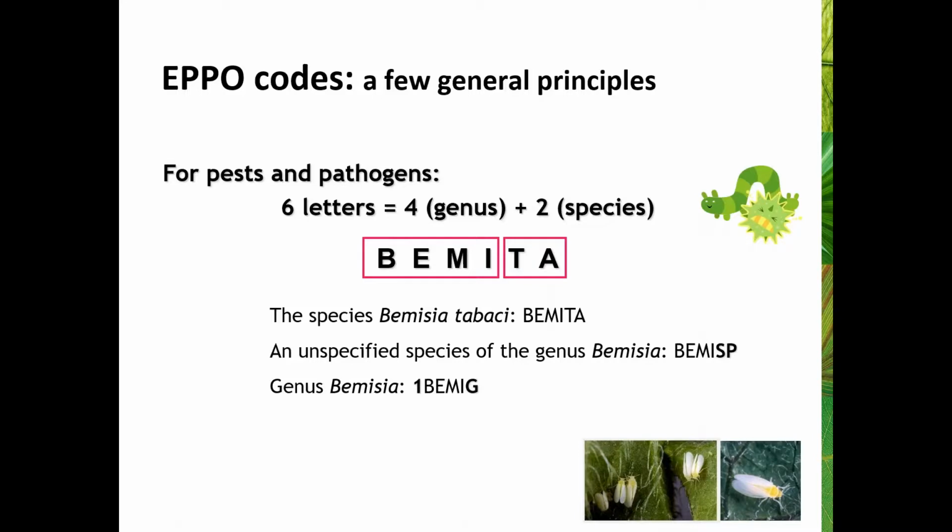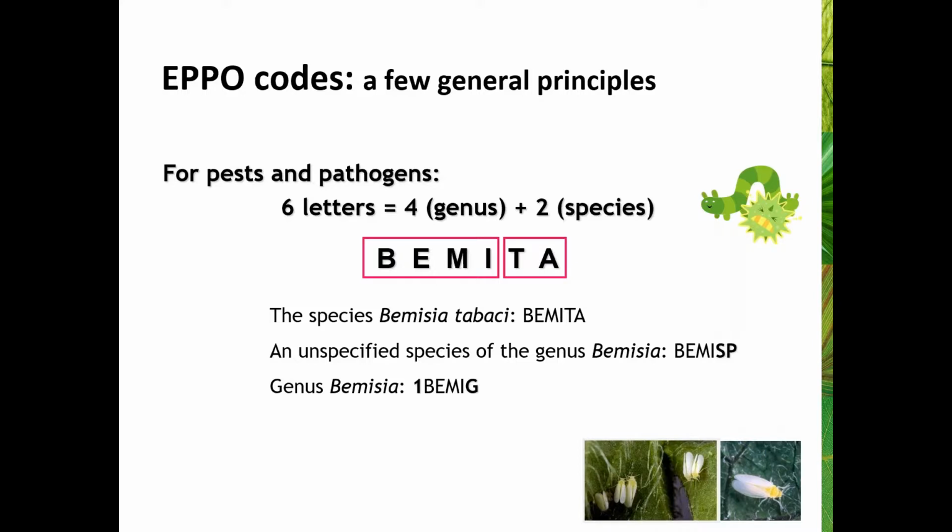For pest and pathogen, it's the same. The difference is simply that codes are constructed with a combination of 6 letters, 4 for the genus, and again 2 for the species. So if we take again the example of Bemisia, you will see it's constructed Bemi, which is for the genus Bemisia, and Ta for tabaci.